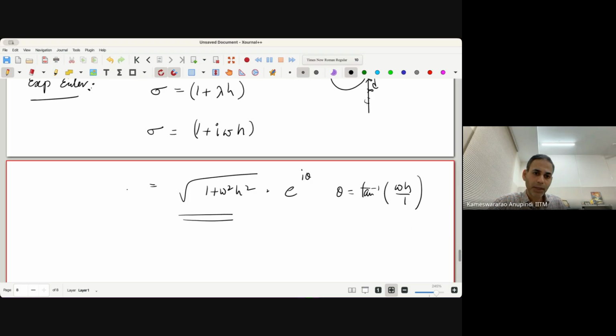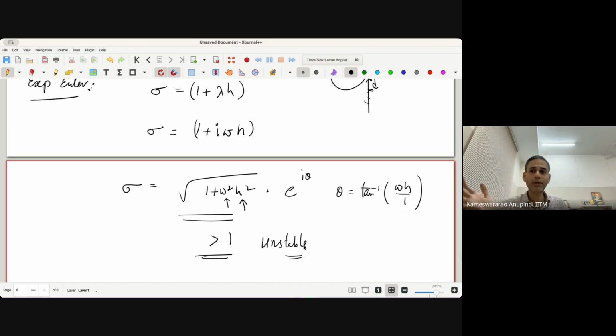So this is your sigma. For any value of omega, positive or negative, omega squared is always positive, and for any positive delta t, this magnitude is always greater than 1. That's why this is always unstable. It is not going to be stable at all.